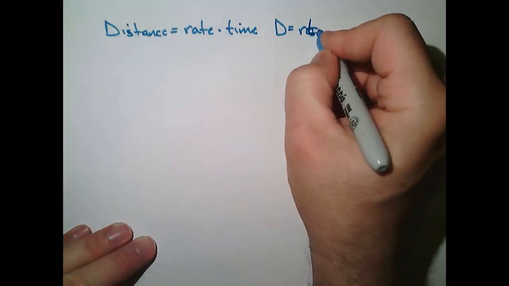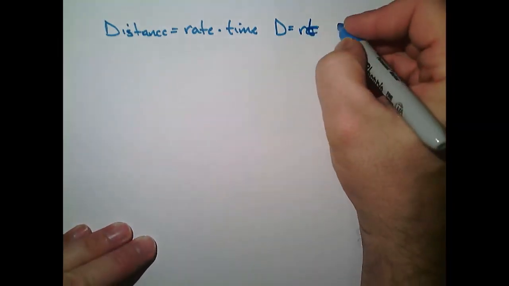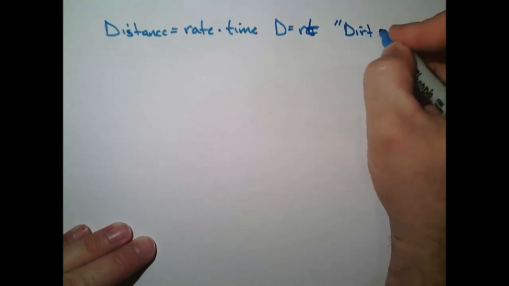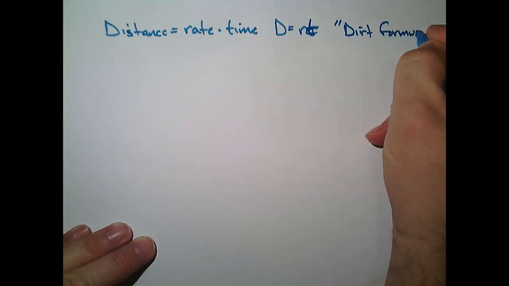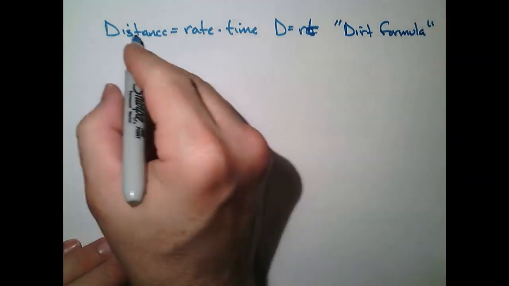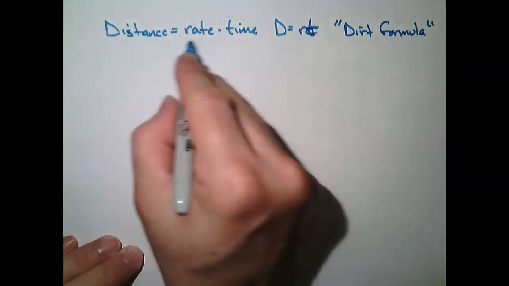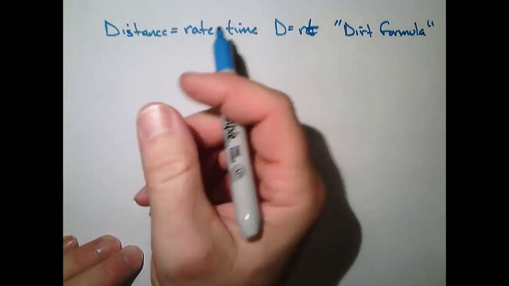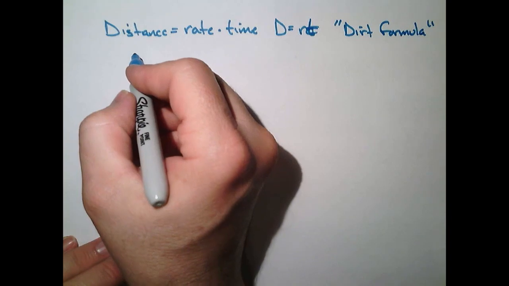That's a t. And this is known as the DIRT formula because it's so frequently used. So distance equals rate times time. We use this all the time.